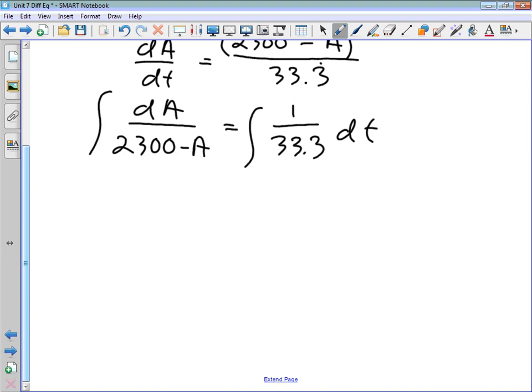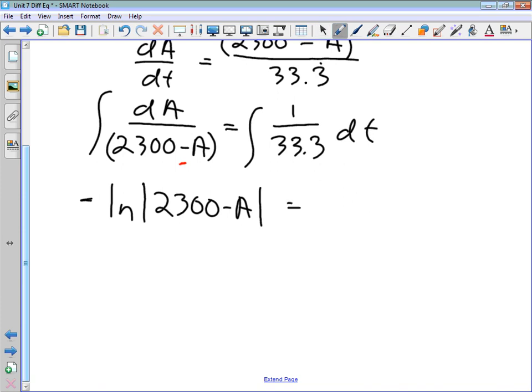So how do we do this integration here? Well, on the left-hand side, we've got 1 over something with an A in it. So I know my antiderivative is going to be ln of the absolute value of this thing here. And I have to make it negative because the A in here is negative as well.